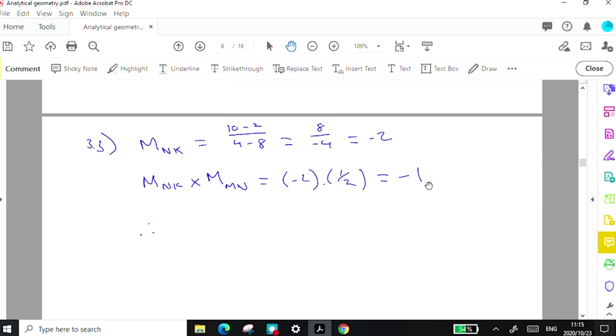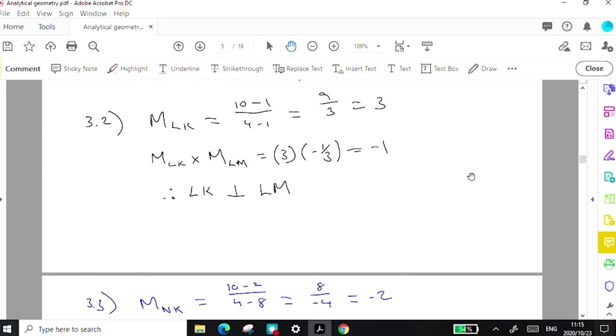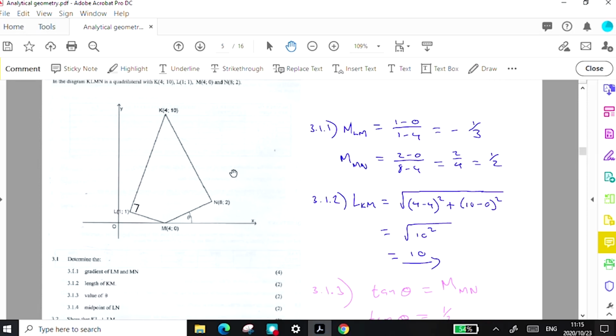Therefore, NK is perpendicular to MN. Therefore, these two lines are perpendicular.